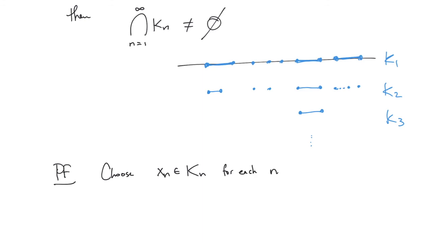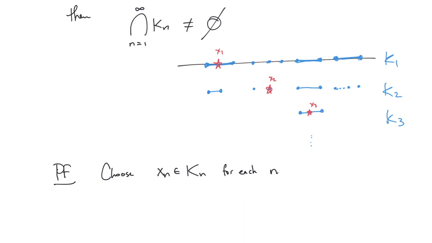Now, I was going to use my fancy colors on the fancy screen, but I can't anymore. How about I'll use a little star here. Let's say that's x1. This is the chosen point in K1. And then I have to choose a point in K2. Maybe I'll choose this one right here as x2. And then x3 has to be some point of K3. I'll choose it right there, maybe. x3. And so on.